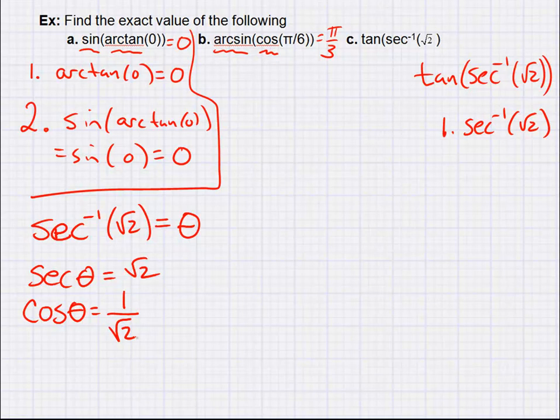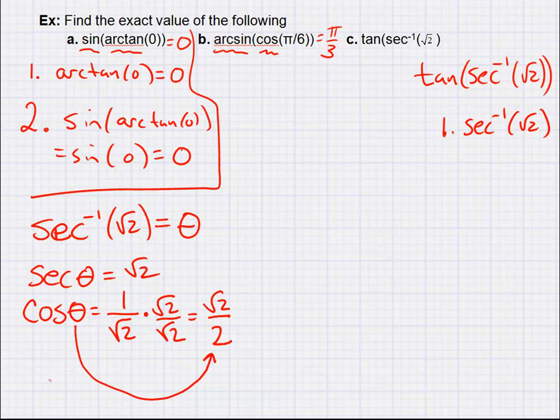Well, that might not look too familiar to you either, but let me do something else. Let's take 1 over the square root of 2 and rationalize it. So I get the square root of 2 over 2. Now that should look very familiar to you. What angle, when I take the cosine of it, do I get square root of 2 over 2? And you should be thinking right away, pi fourths.